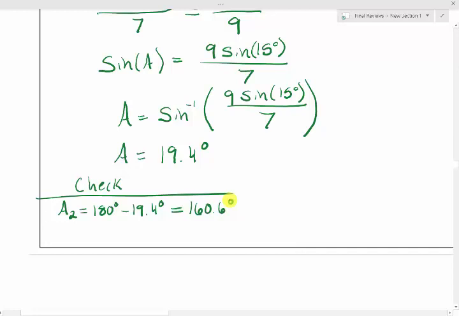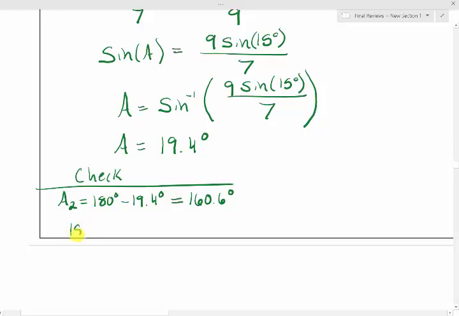Then to see whether or not this will result in a second triangle, I'm going to take 180 degrees, subtract the original angle I was given, which was 15 degrees, and then subtract the angle that I just found. So my A sub 2, 160.6 degrees. And that's going to give me 4.4 degrees.